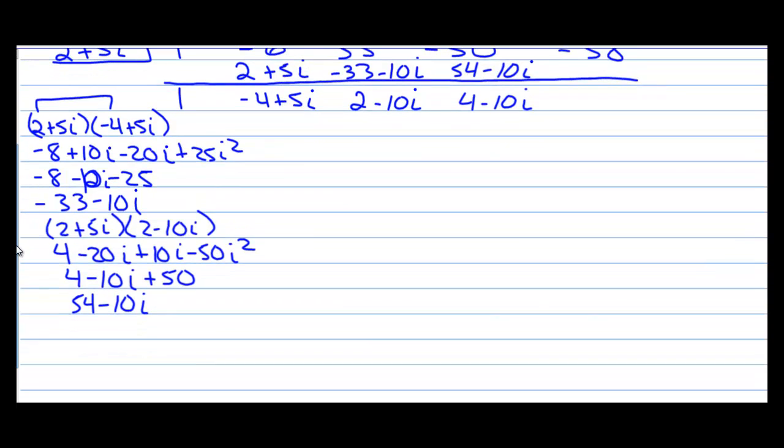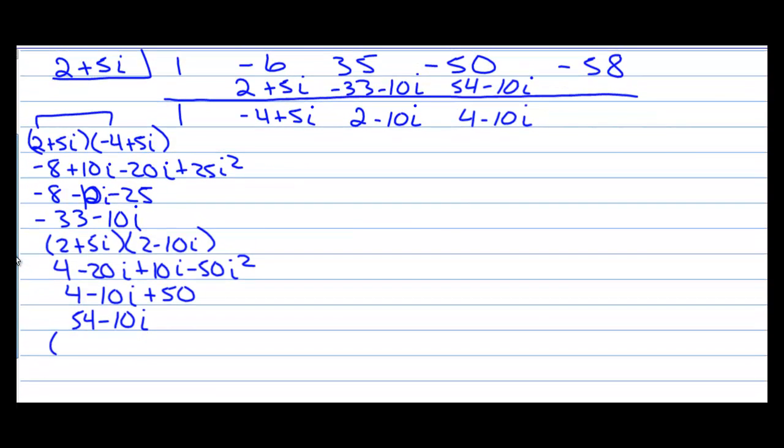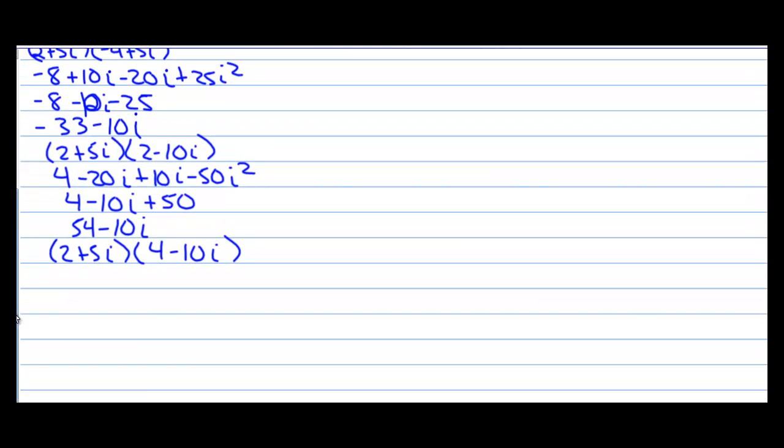Well, now we have to take 2 plus 5i times 4 minus 10i. And that better be positive 58. Let's see if that's what actually happens here. We have 2 times 4, that's 8, minus 20i plus 20i, and then 5 times negative 10 is minus 50i squared.